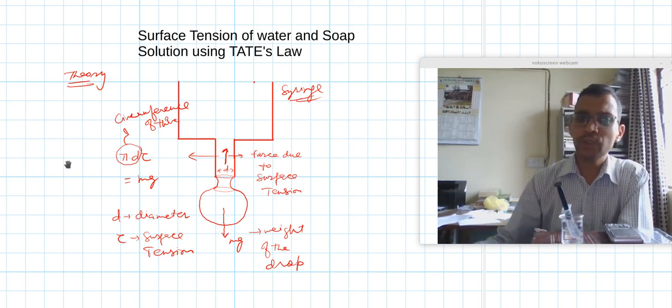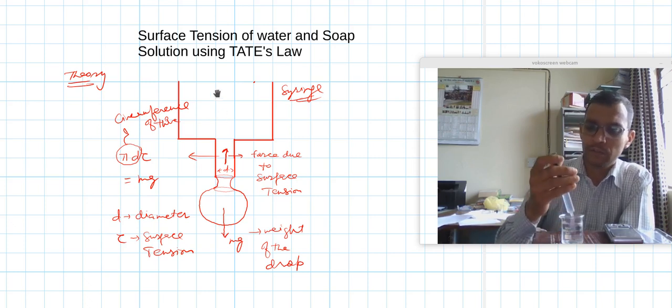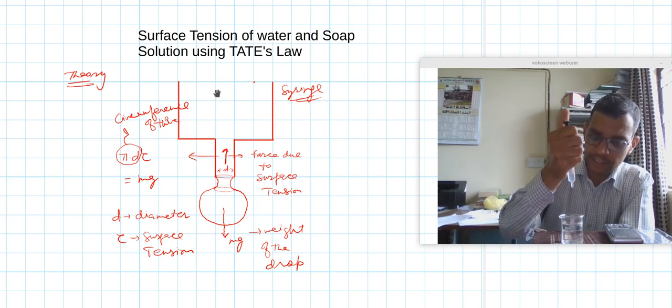Suppose the syringe is filled with water, and if I slowly and steadily press it, then drops will fall down from here like this, and see the shape of the drop.